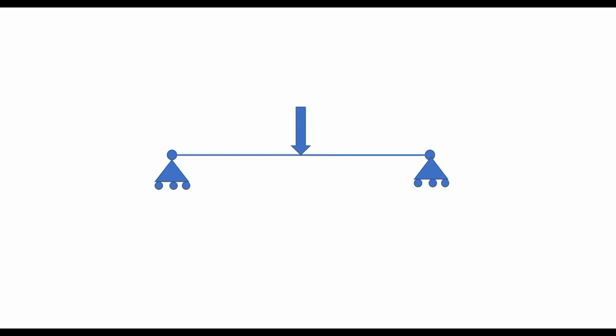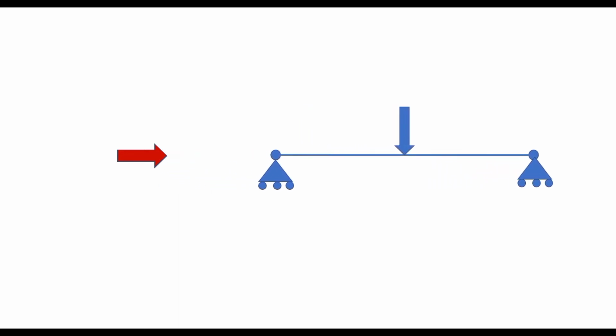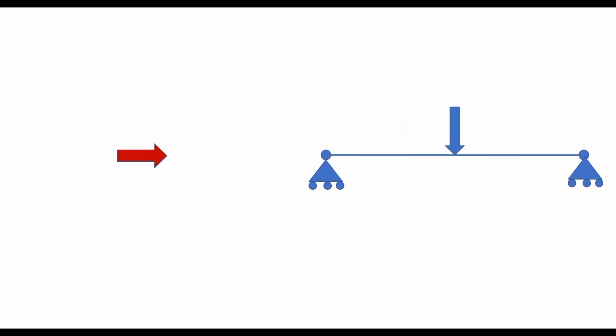So apparently, though the system is in equilibrium under the vertical load, this equilibrium is what is called an unstable equilibrium. If there is a slight horizontal load to push, the structure would undergo a rigid translation in the direction of the applied force.